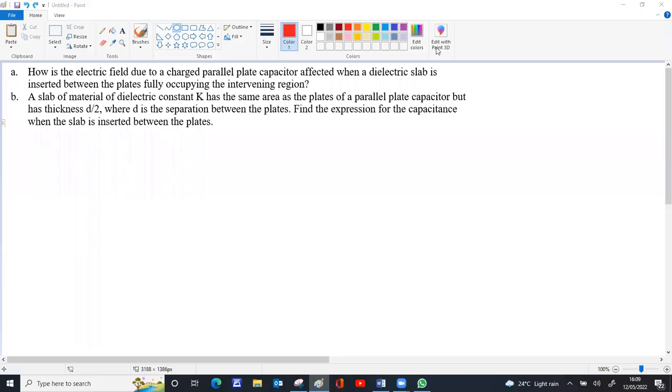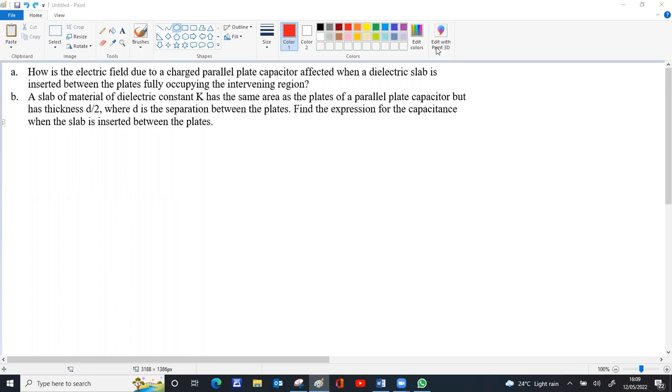There are two parts for the question. First one, how does the electric field inside a parallel plate capacitor change when a dielectric slab is filled completely in the space between the plates.